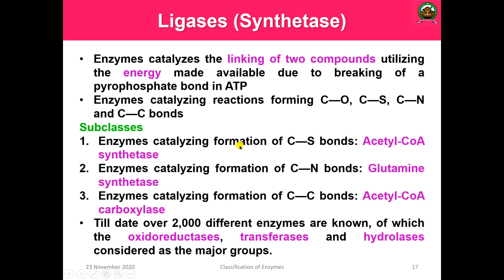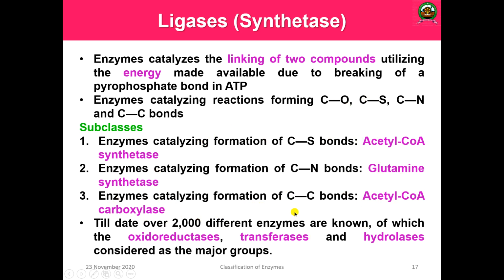Similarly, the enzyme catalyzing the formation of a carbon-nitrogen bond, example glutamine synthetase. You can see synthetase in the name. Next, enzymes catalyzing the formation of a carbon-carbon bond, that is acetyl CoA carboxylase. So these are the common enzymes.